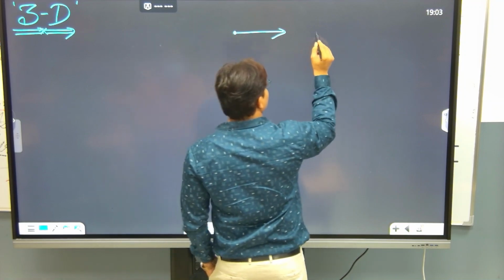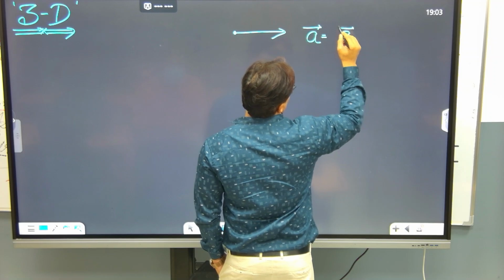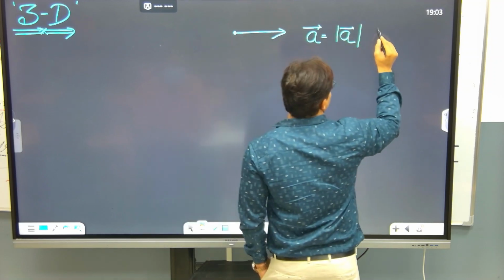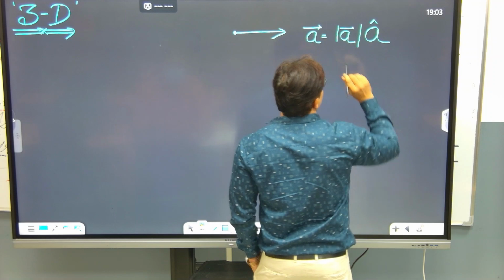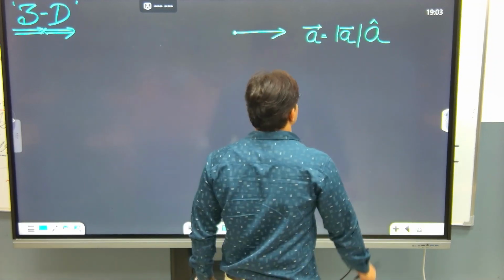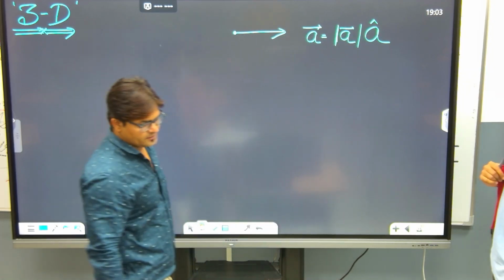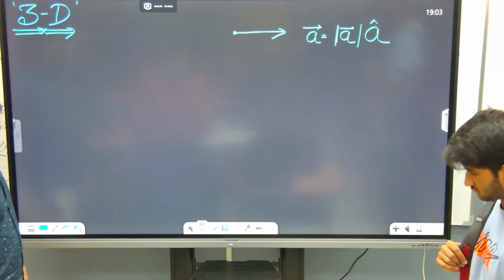So normally in every vector we have two important characteristics: first, magnitude; second, the sense of direction, or we can say the unit vector for this. So in every vector we have one part magnitude, the other part direction.